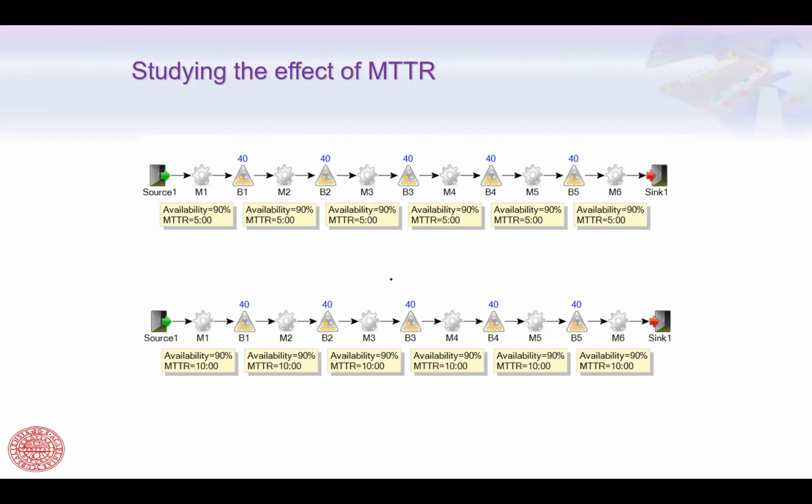The demonstration is about a line which you are going to build yourself in 8.2. I don't remember exactly, but I think it must be this setting that you will try first. So you have the availability 90% and the MTTL 5 minutes. Make sure that is 5 minutes, not 5 seconds.